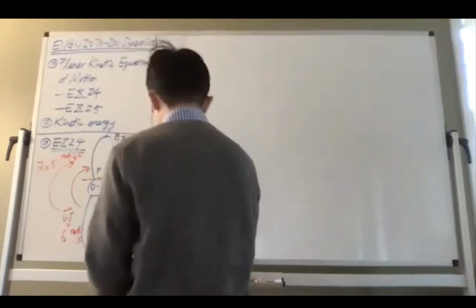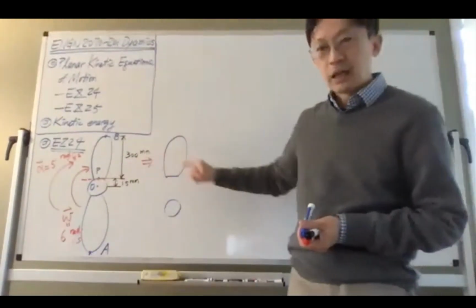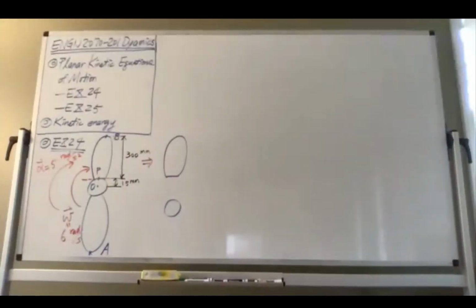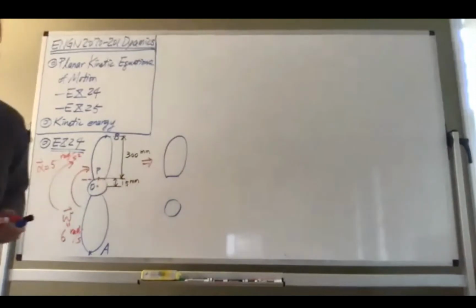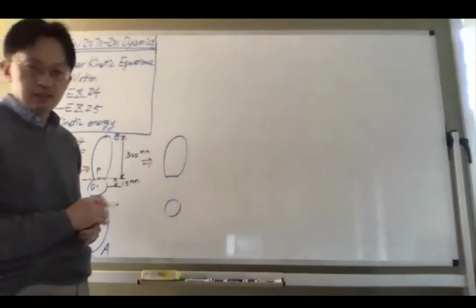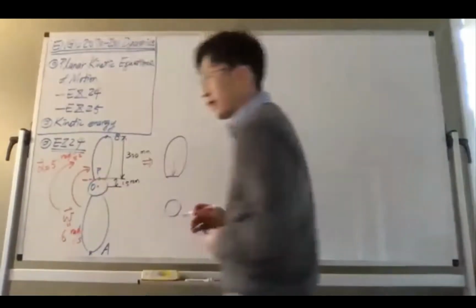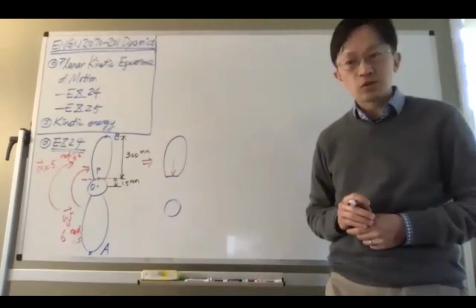Move this a little bit lower. Once we cut it into two different pieces, at the interface we're going to have forces developed. We're going to have the normal force.